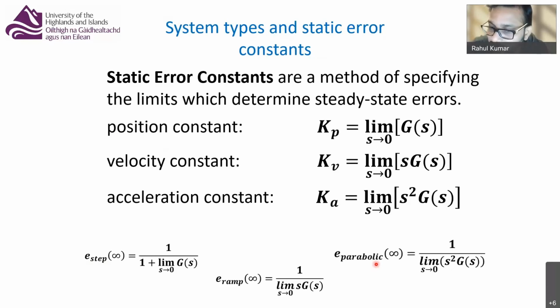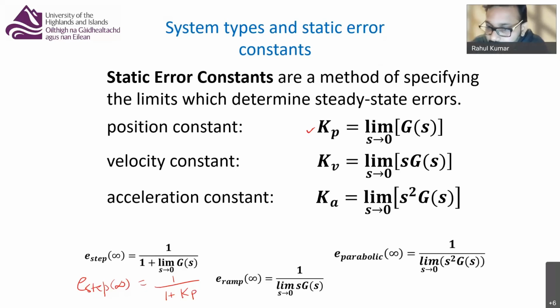If we take this portion, that is limit s tending to 0 of G(s) from the steady state error for step input, we call it the position constant Kp. If we replace it by a constant, I can modify my formula and say it is 1 divided by 1 plus Kp, the position constant.